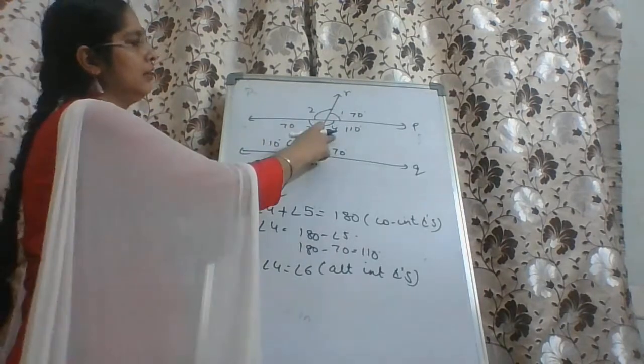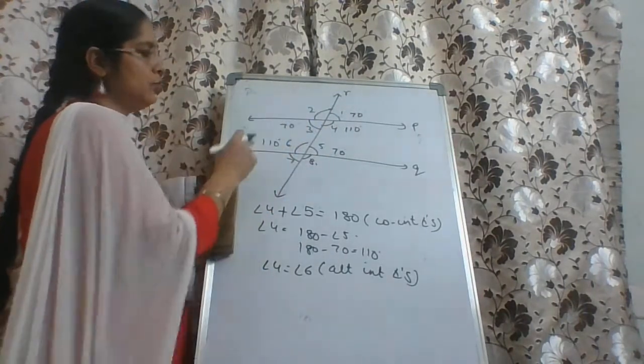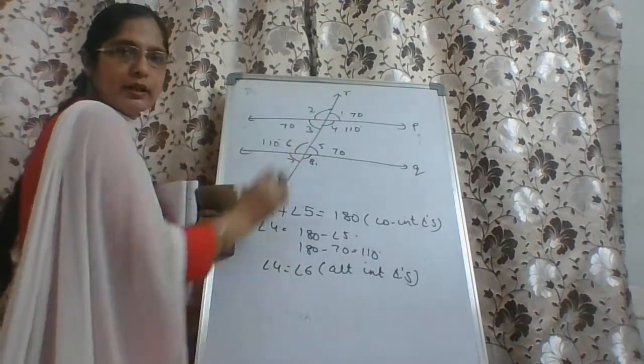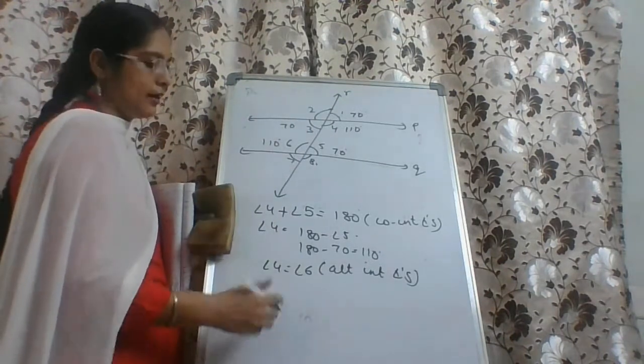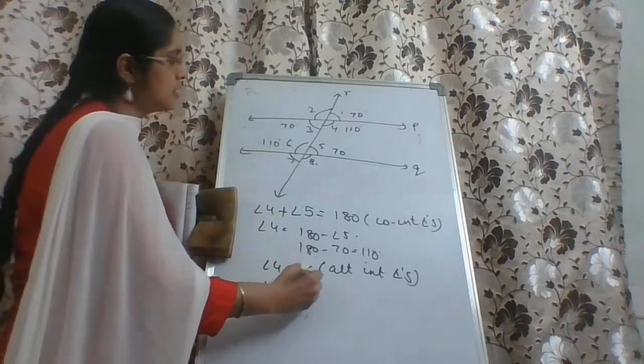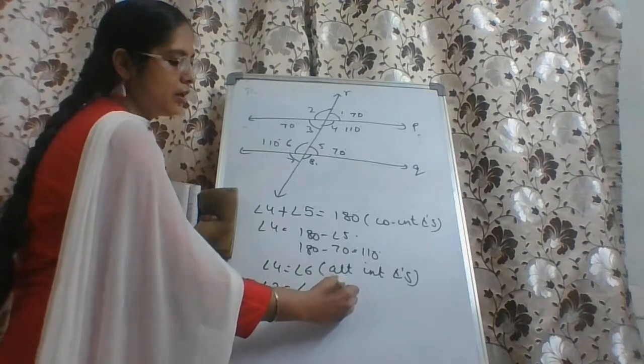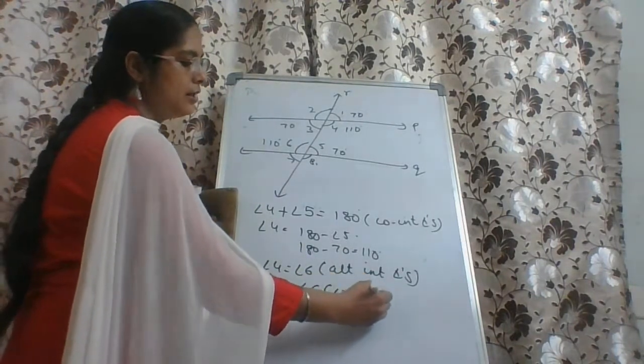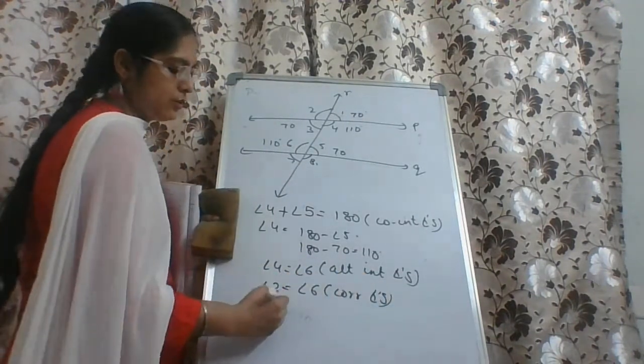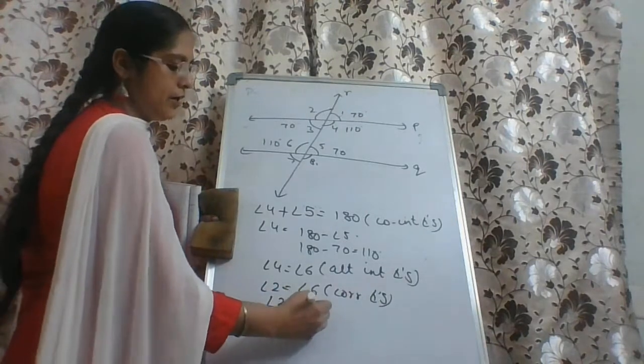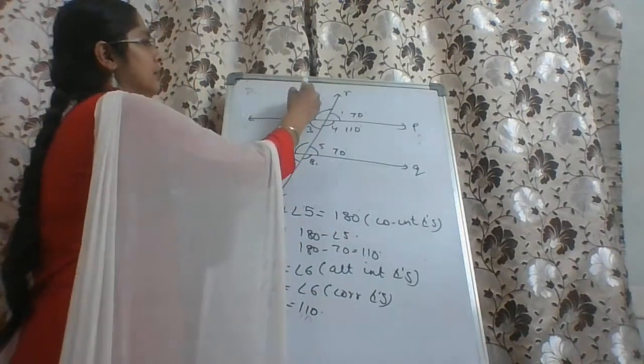Now, angle 4 is equal to angle 2, or I can say that angle 2 is equal to angle 6, corresponding angles. That means angle 2 is equal to 110 degrees.